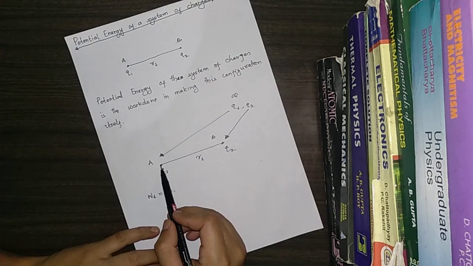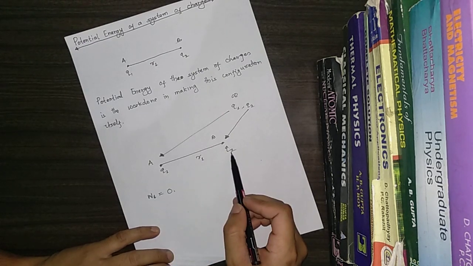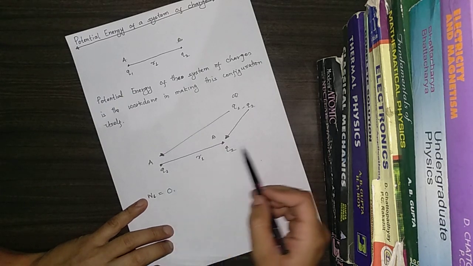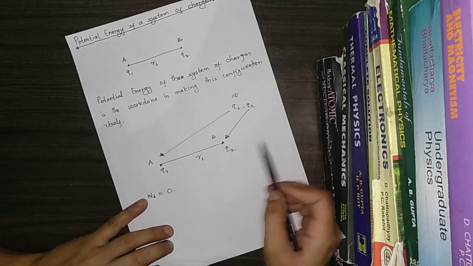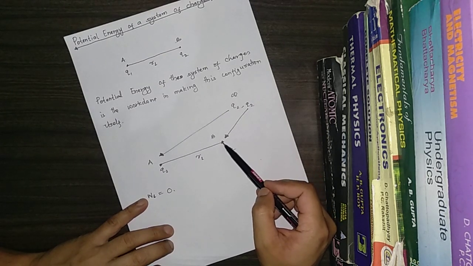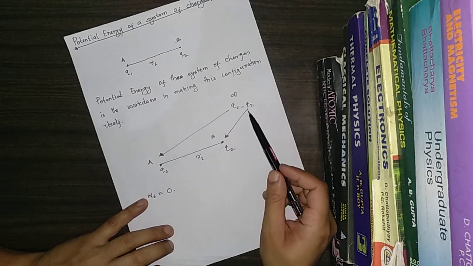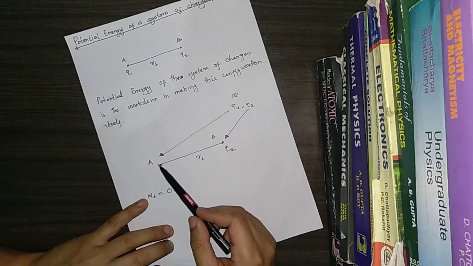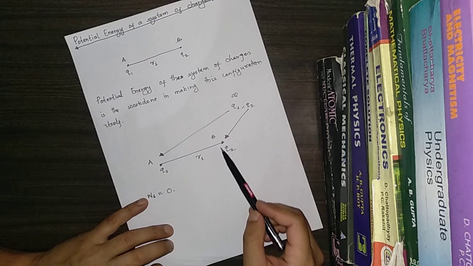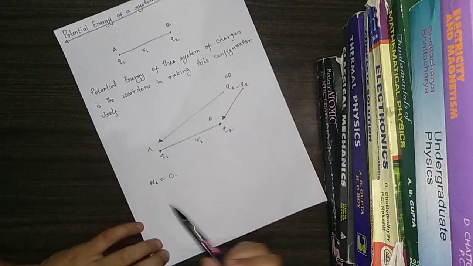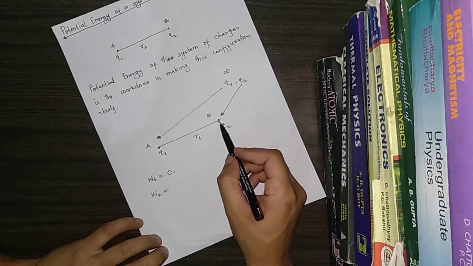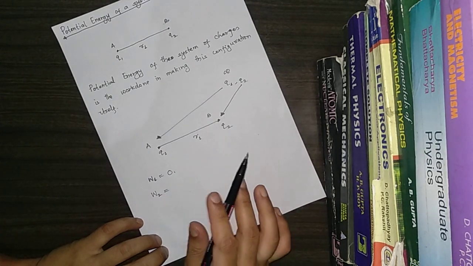This charge Q1 will push charge Q2 away as much as you want to bring it closer to Q1. That means you need to do work against the repulsion of charge Q1 in bringing charge Q2 to this particular position B.